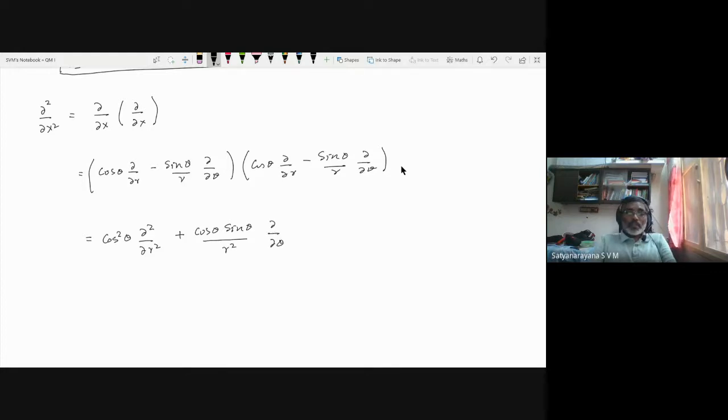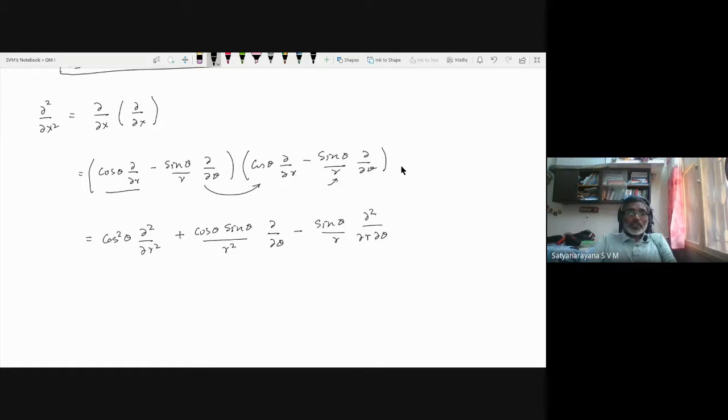That is, it is now acting on only r, plus minus sin θ by r into ∂²/∂r∂θ. So that is a term like that. Then, this is the action of this term on these two terms. We have three terms here. Now let's look at the action of this on this one. This will have two terms.